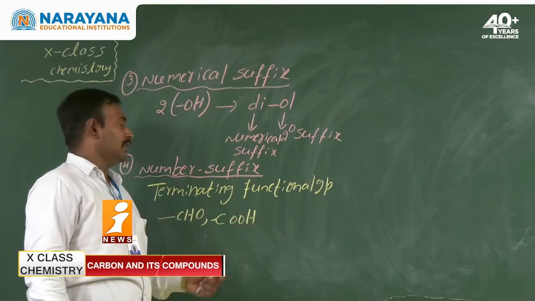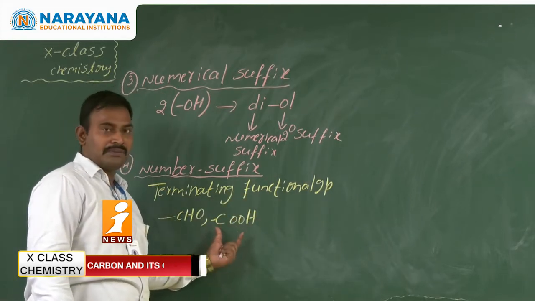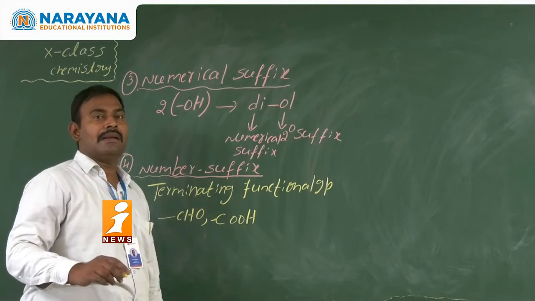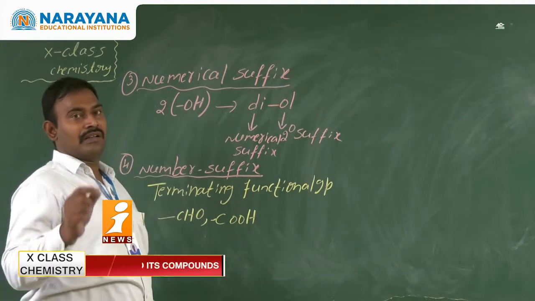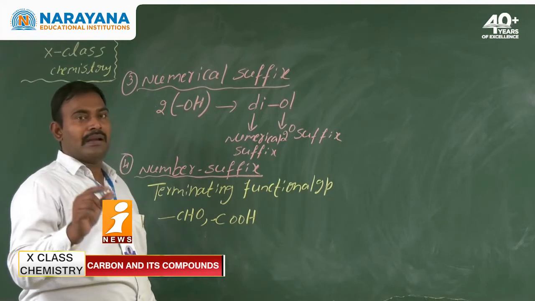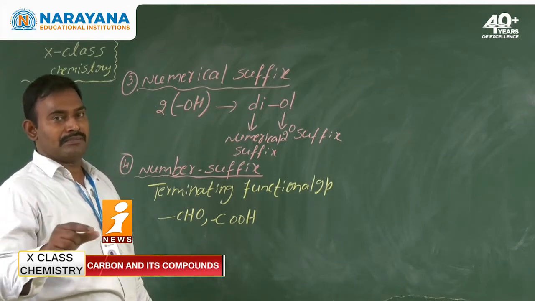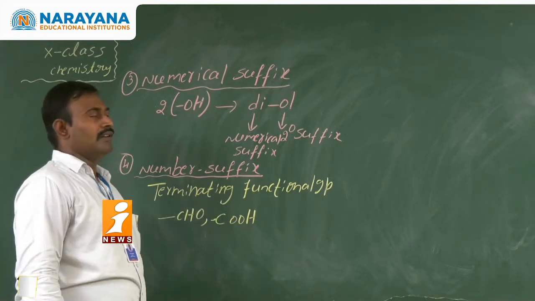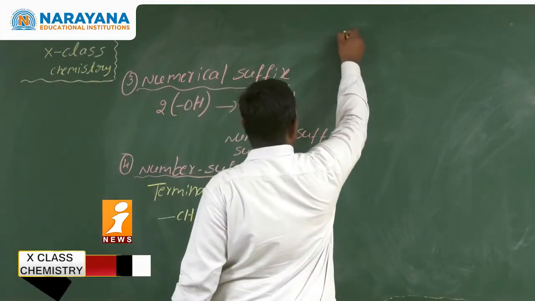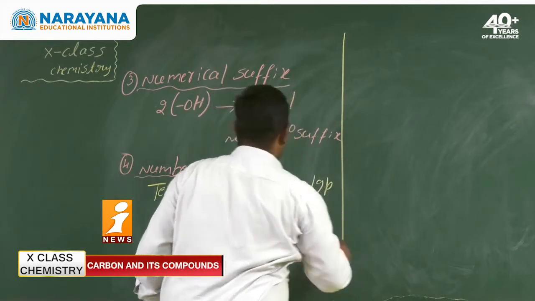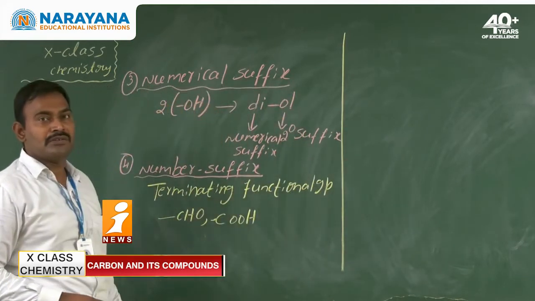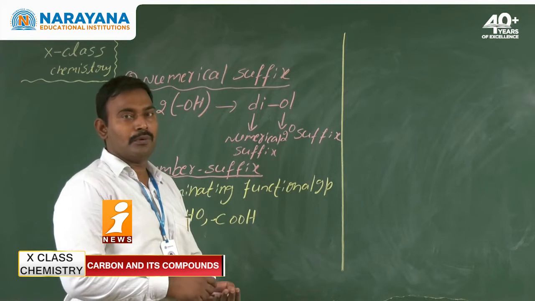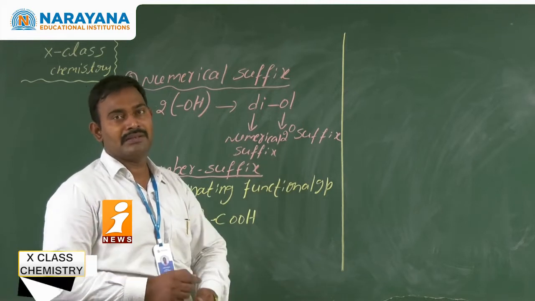At that time, definitely the numbering should start from these functional groups. And in the remaining cases, the carbon atom to which the particular functional group is attached gives the idea about the number suffix. Next, what is the procedure to write the name of the compound according to the IUPAC system?